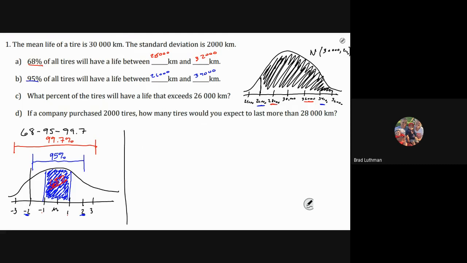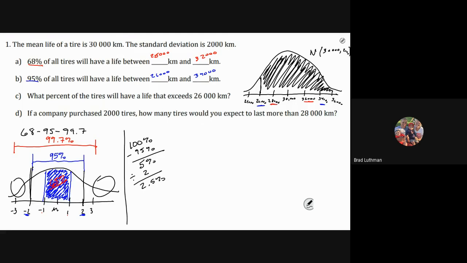If we know that 95 comes to right here, then what we can reasonably say is we start with 100% of the data and subtract out that 95%, there's 5% left not accounted for here and here. So if we divide that up, the two regions that are mirroring each other, we're down to 2.5%.